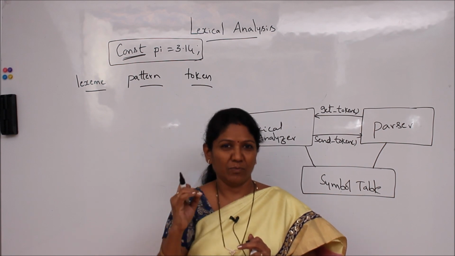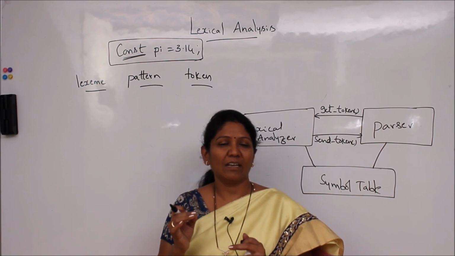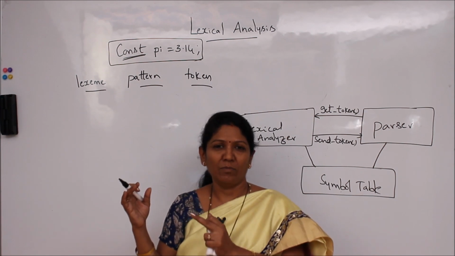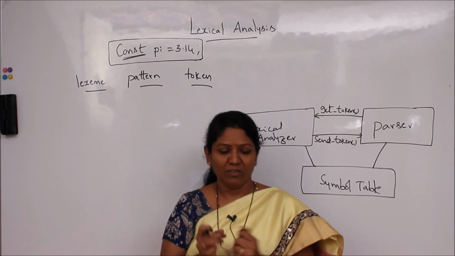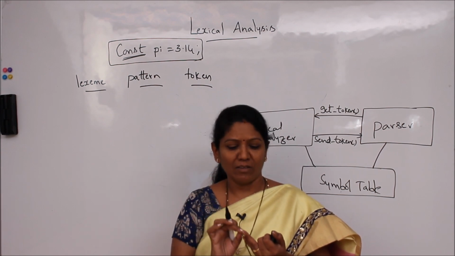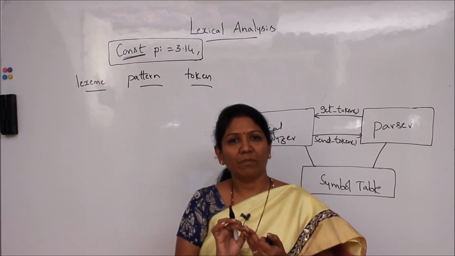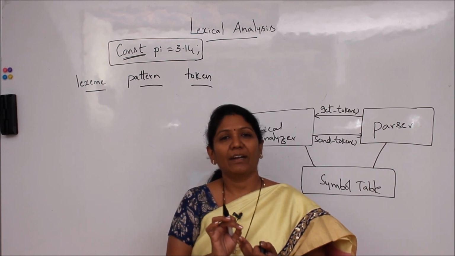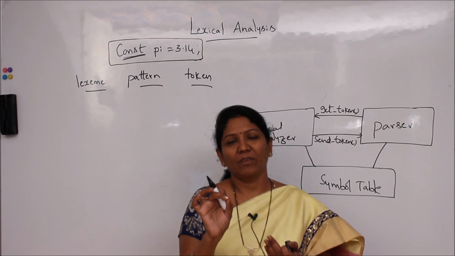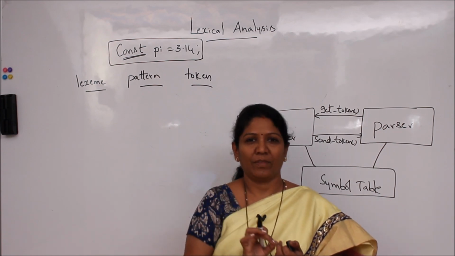Before writing any lexical analyzer, we need to be very clear about what tokens you are assuming in your particular language. So, here I am taking keywords as separate tokens, operators as it is as a token, punctuation symbols also as it is as a token, and for numerical constants the representative token is num, and for identifiers the representative token is ID.